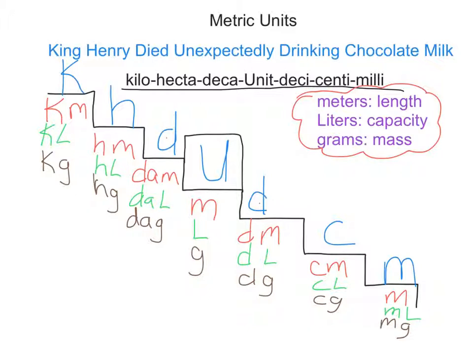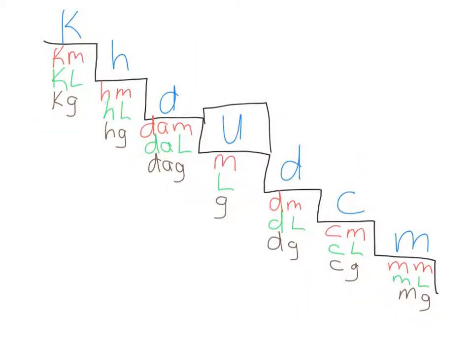Okay, so let's put King Henry's staircase to work. So say we wanted to go ahead and convert a metric unit. We want to figure out how many millimeters in a centimeter. So for example, our first example can say something like this: 56 centimeters equals blank millimeters. And so what we would do is find centimeters on our staircase, and here's centimeters. We would find millimeters, and here's millimeters.